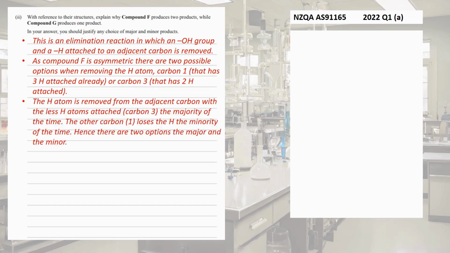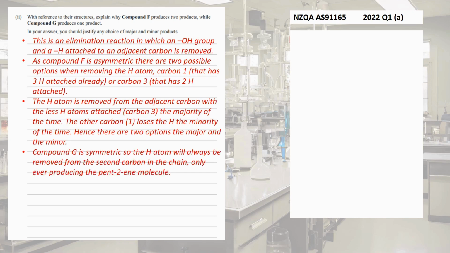So if it's removed from the adjacent carbon with the fewer hydrogens attached, the majority of the time, so that's carbon 3, the other carbon, that's carbon 1, loses the H the minority of the time. Hence, there are 2 possible options, the major and the minor.